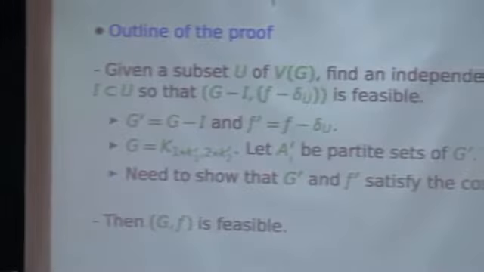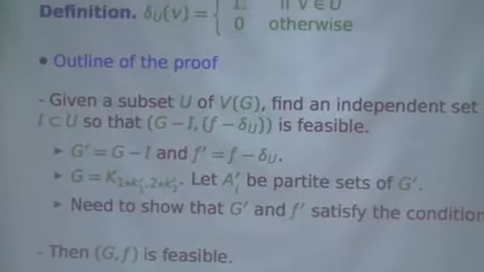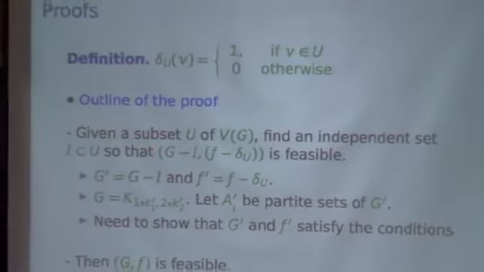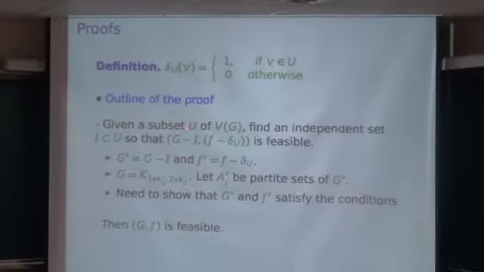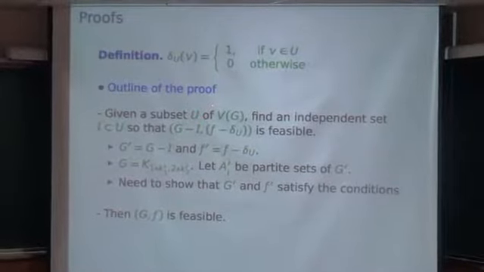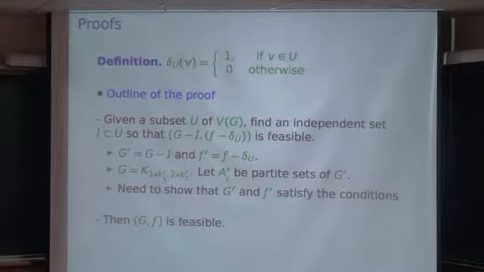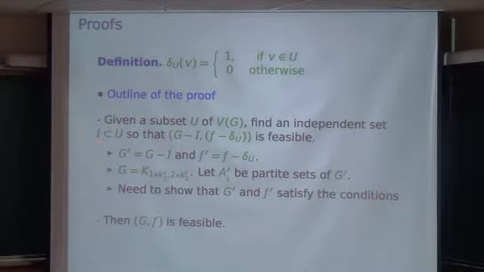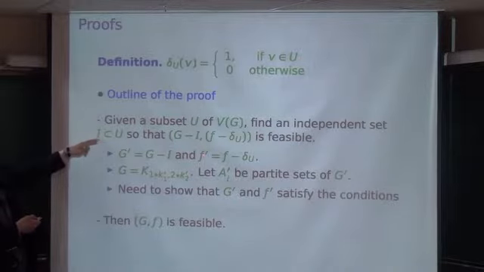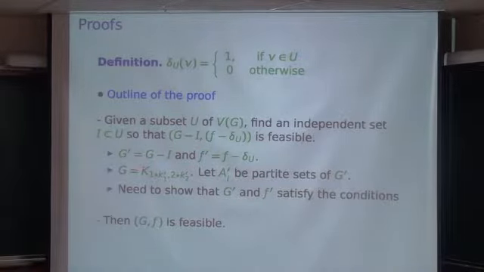Okay, so here is one strategy. If Alice presents a subset U, and then Bob selects an independent set I, then we have a new graph G prime, and the new graph still satisfies the condition.